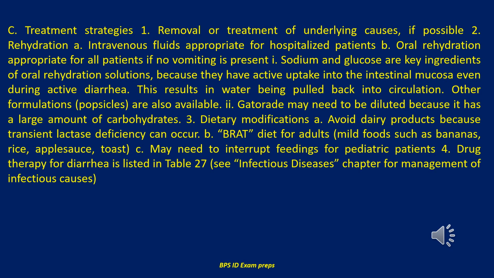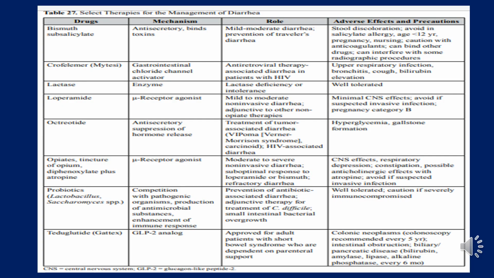C. May need to interrupt feedings for pediatric patients. 4. Drug therapy for diarrhea is listed in Table 27. See Infectious Diseases chapter for management of infectious causes. Pause the video and carefully scrutinize Table 27 summarizing select therapies for the management of diarrhea.